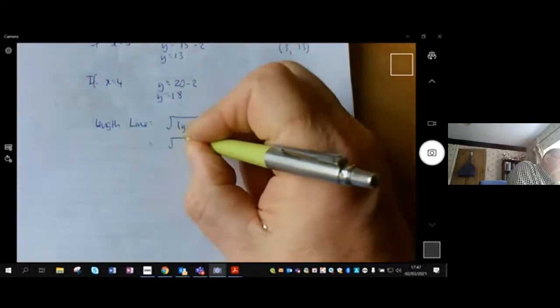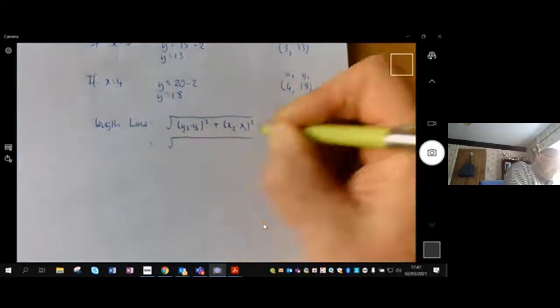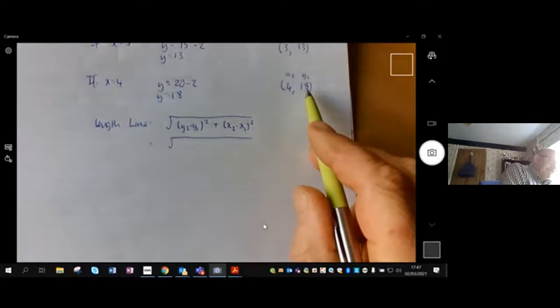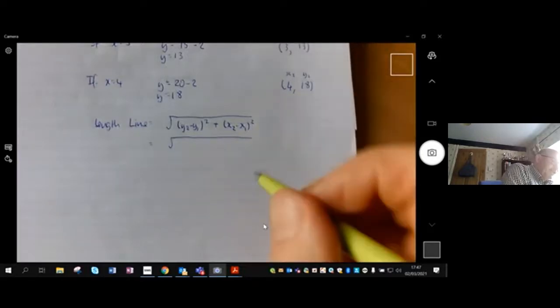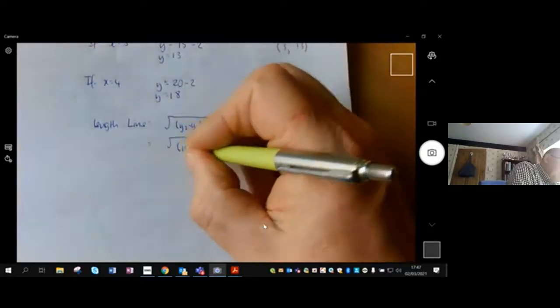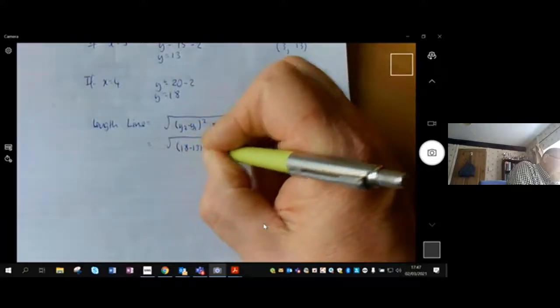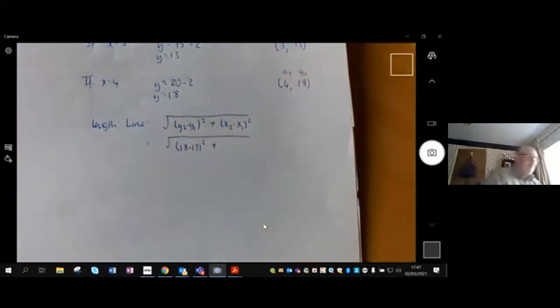I'm afraid it's a calculator problem from there. So y2 is 18 minus 13 squared. What happens here is people make all sorts of ridiculous mistakes with squaring and square rooting.